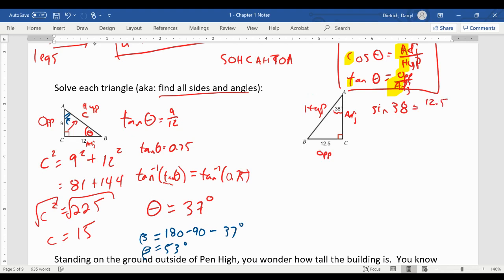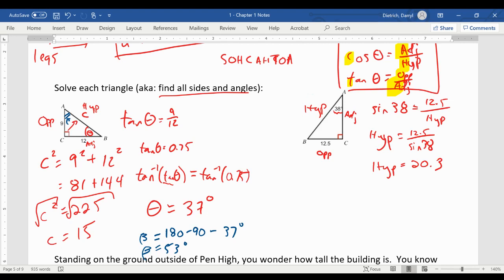Our opposite side is 12.5 over our hypotenuse. To solve for that side, the hypotenuse would be 12.5 over the sine of 38, so that hypotenuse should have a length of 20.3.